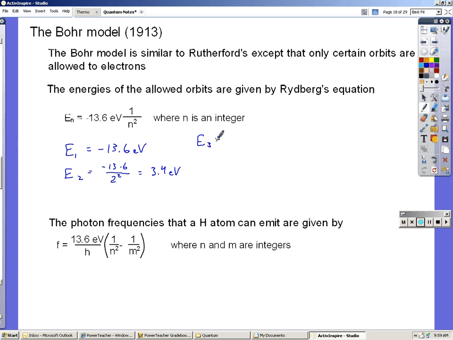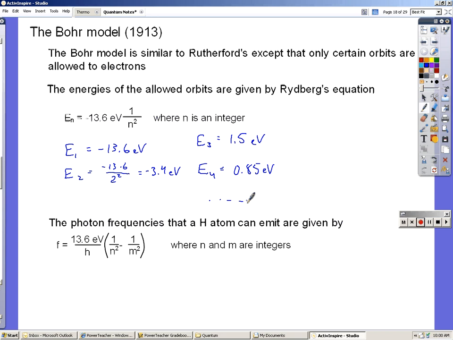E3 is negative 13.6 over 9, gives us negative 1.5 electron volts. E4 is negative 13.6 over 4 squared, which is negative 0.85 electron volts, and so on.